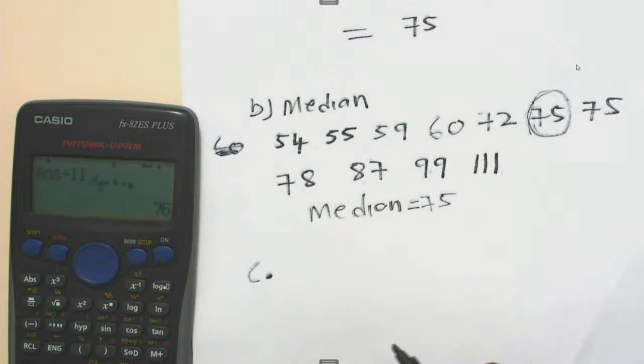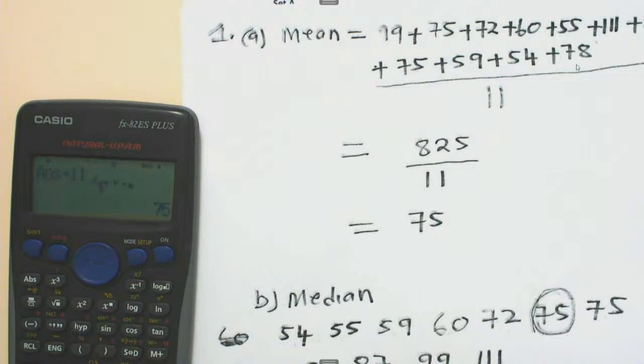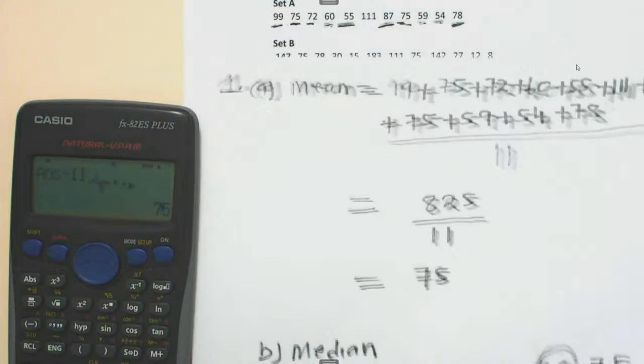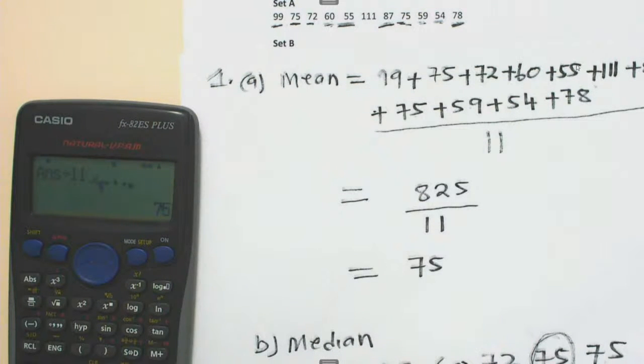Whenever we talk about the mode, we said it's a value or values that frequently occur in a set of data. So if you check set A, which number occurred the most, or is common? The number that occurred the most in this set of data is 75, because it occurred twice. There is no other number that occurred twice.